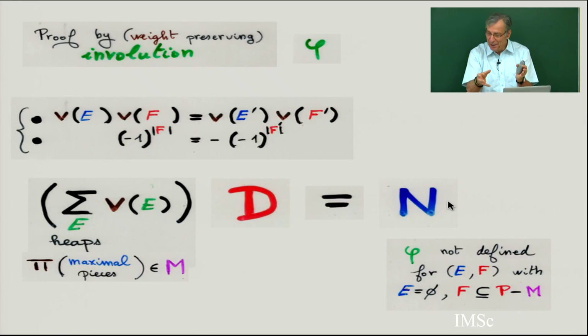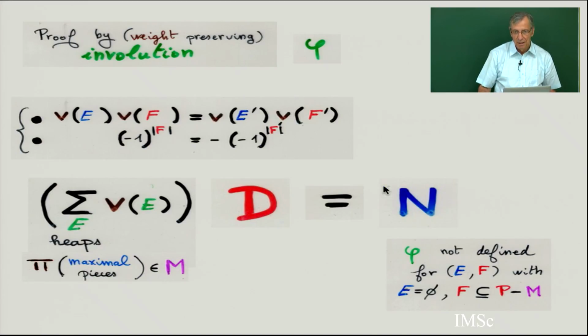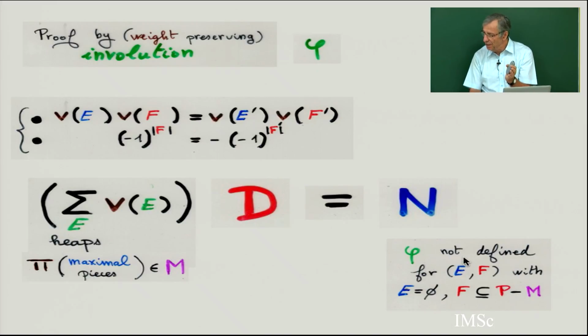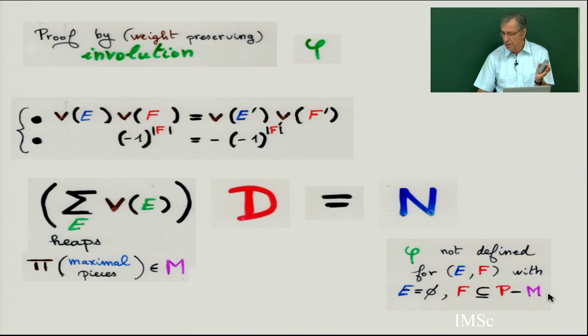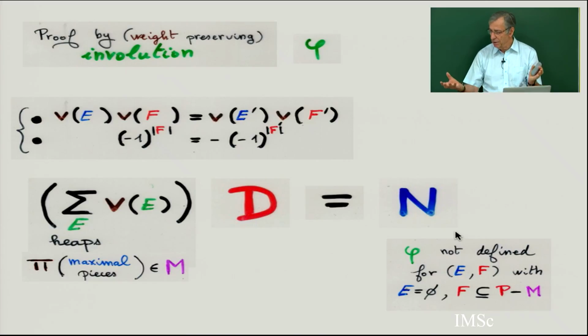There are many different ways, but you have to be very precise how you pair two by two the elements so that they cancel. And the numerator, yes, I finish, is where the involution is not defined: on the pair where E is the empty heap and F is a trivial heap with pieces in P minus M, which gives you the numerator.